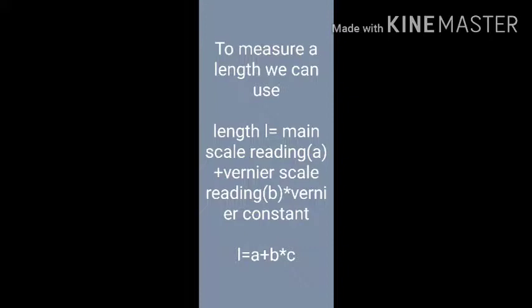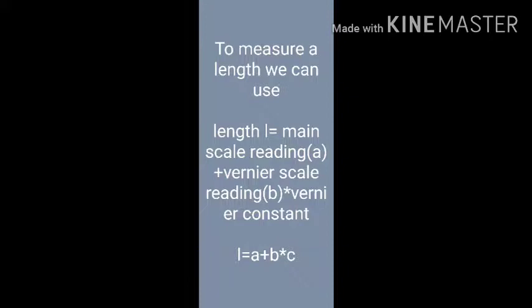How can we use Vernier scale? To measure the length, L is equal to main scale reading A plus Vernier scale reading B into Vernier constant C, that is L is equal to A plus B into C. This is how we can find the accurate measurement of a length.